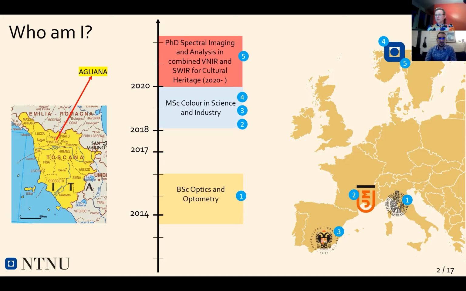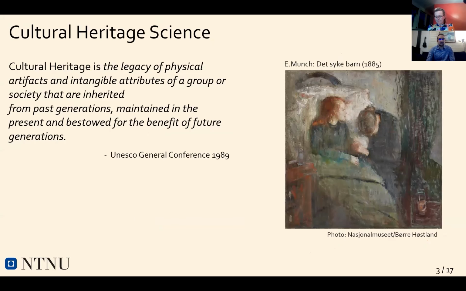For today, I wanted to start by giving a very broad definition of cultural heritage, because from our perspective, pigments are mostly found in cultural heritage artifacts. And for the analysis, we need to understand what cultural heritage is.